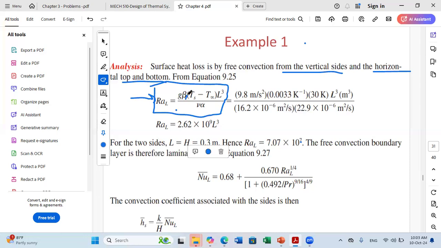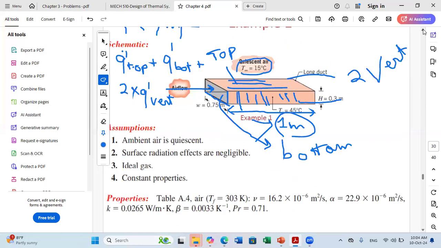We need to determine properties beta, mu, alpha. All of these properties depend on the temperature. But here we have two temperatures. You have the temperature of the surface, which is 45 degrees, and you have T infinity, which is 15 degrees.